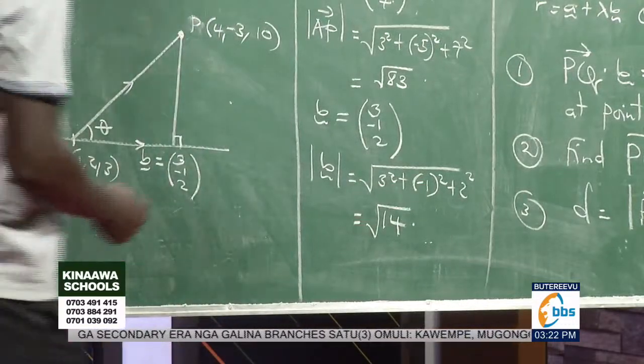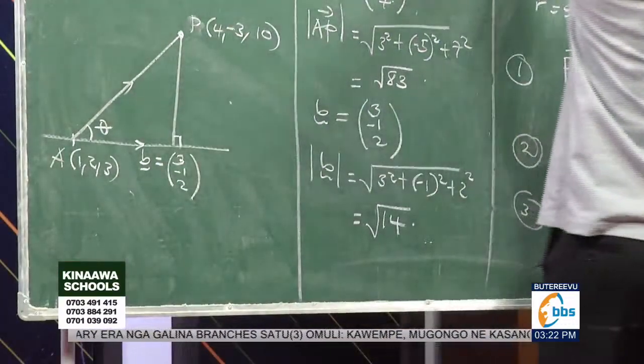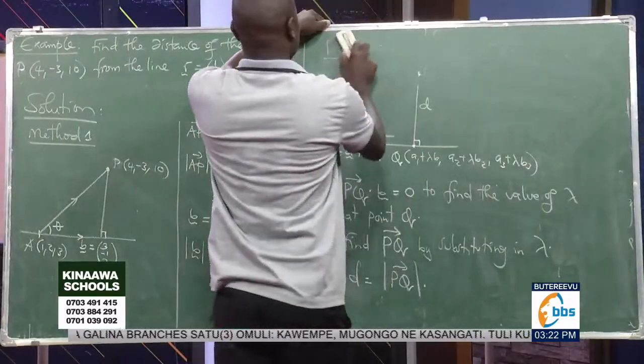Now we shall also need the dot product of those two vectors.